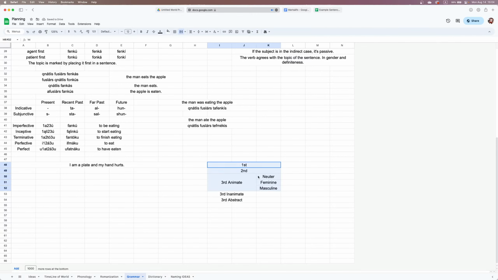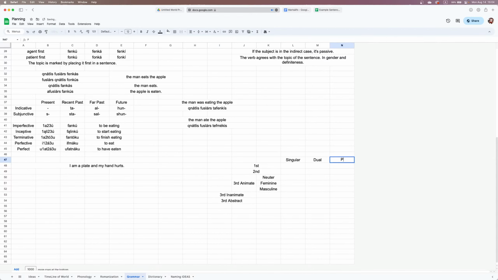Actually, thinking about this, since they have different numbering systems, it might be worth it to have different tables for them. So singular, dual, plural, collective, singulative for the third person.